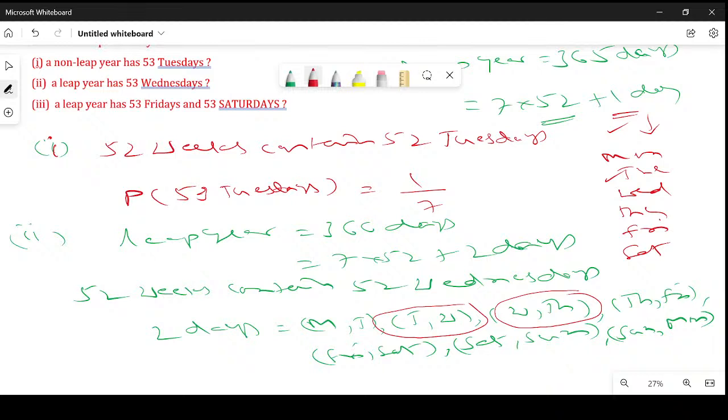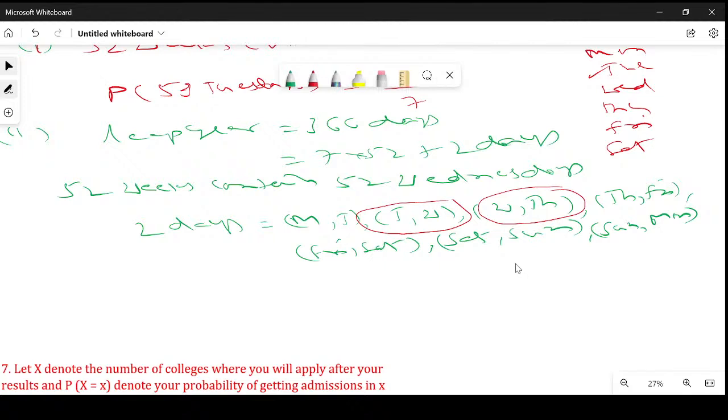So in a leap year, the probability of 53 Wednesdays is equal to favorable over total, 2 by 7. That will be your answer, right? Only simple one, 2 by 7.